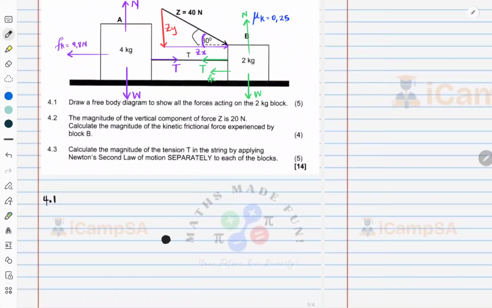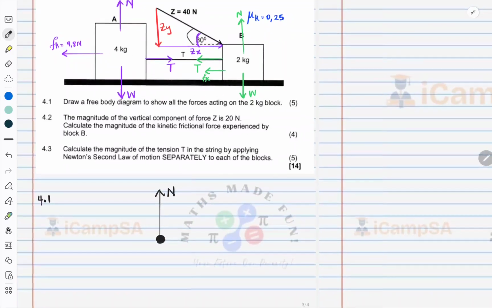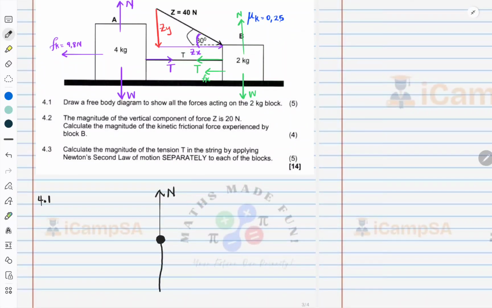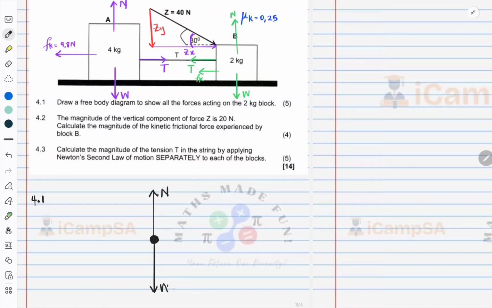Let's start with the normal force, N going up, followed by my weight, W. And then we have tension.